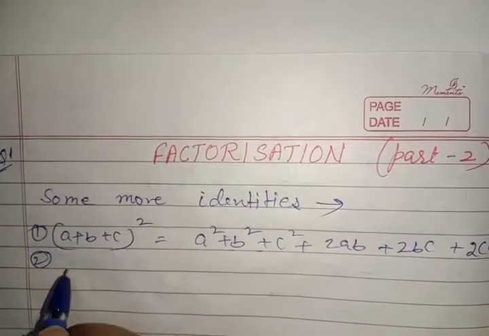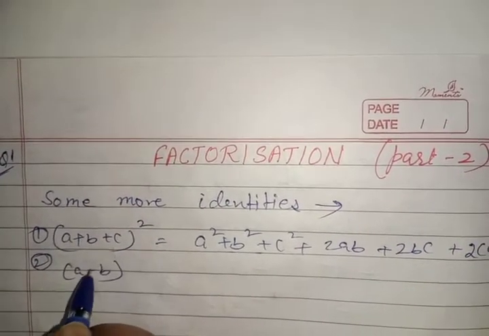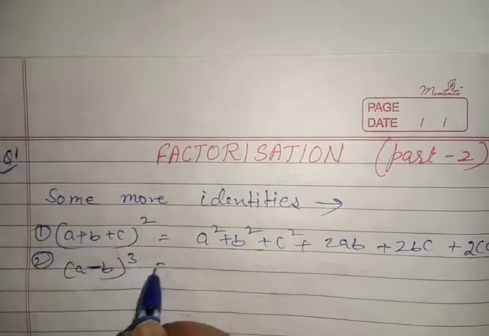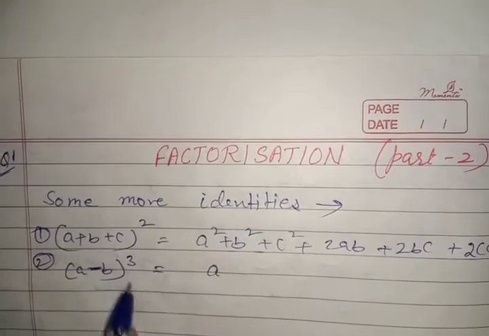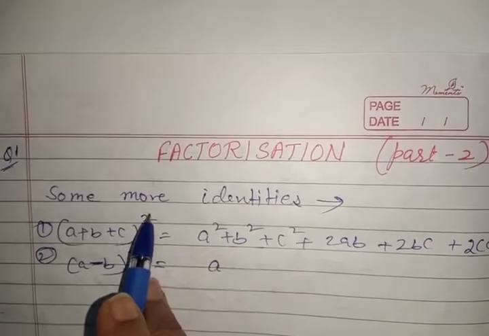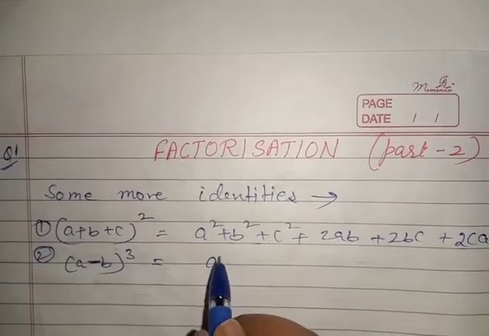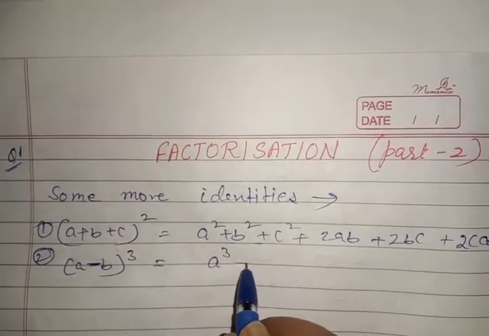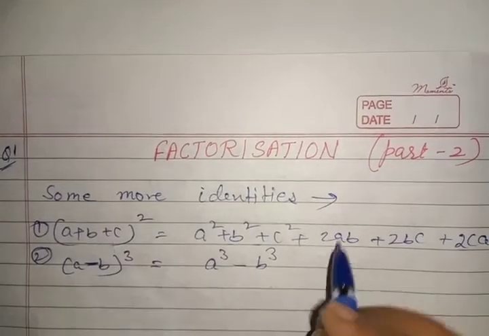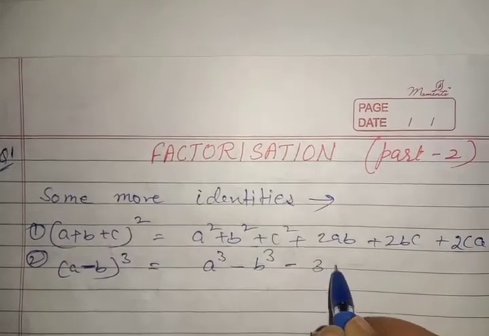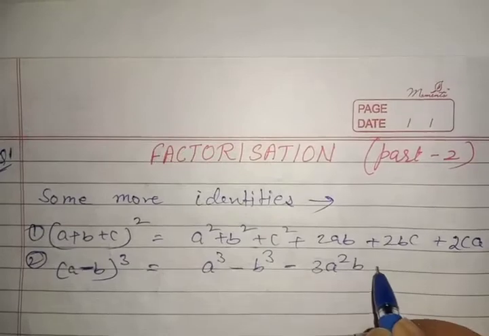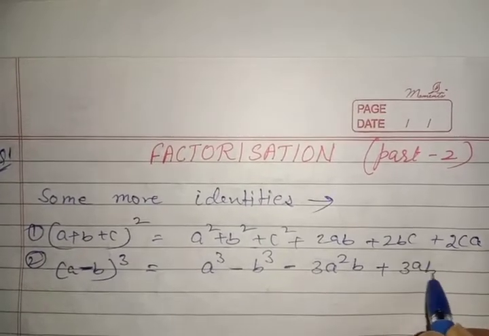Second identity is (a - b) whole cube, which is a cubic identity, and the previous one was a quadratic identity of 3 terms. So this is a³ - b³ - 3a²b + 3ab², a very easy way to learn.